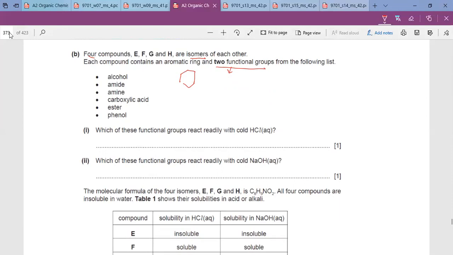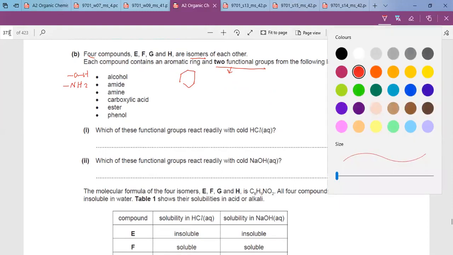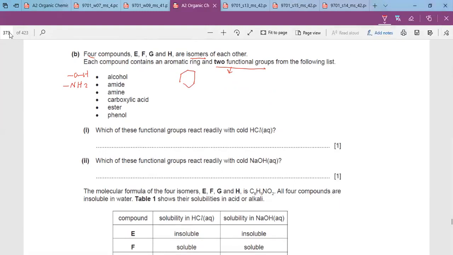First, it can be alcohol. It can be amide and amine.